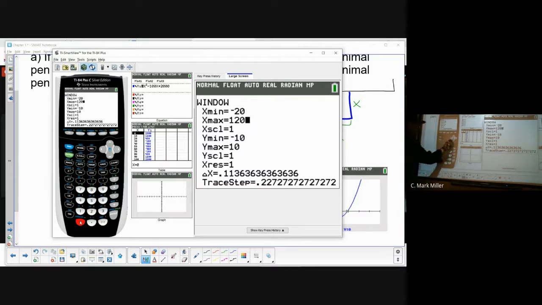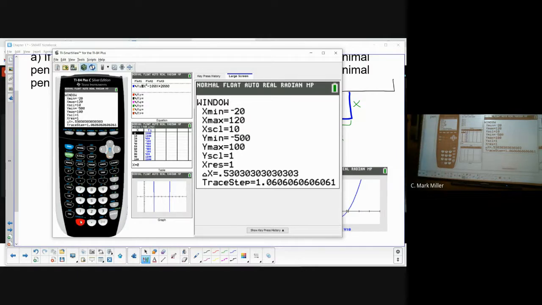X scale, I'm going to put 20. And let's do, you know what? Let's do 10. Y minimum, I don't know how far down it goes, but if I'm going to go up to 1,000 or even higher, I'm going to go maybe down at least 500 maybe. I'm just guessing. I don't know exactly.